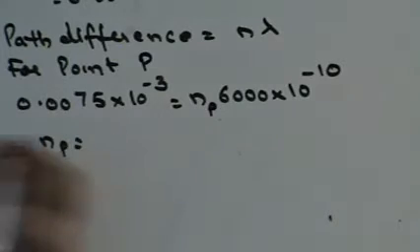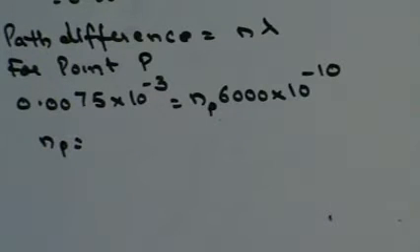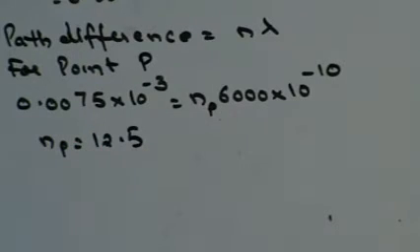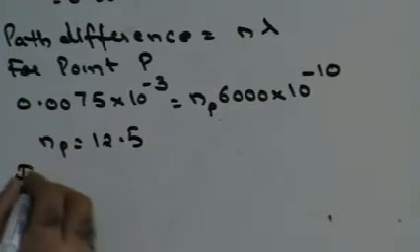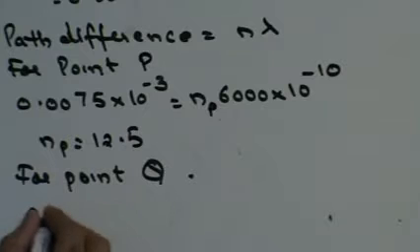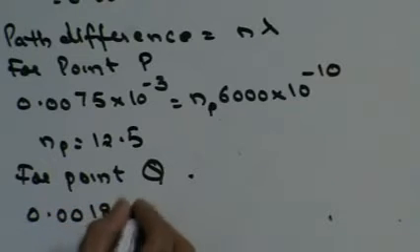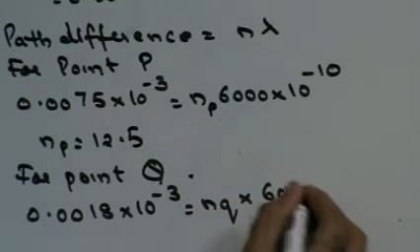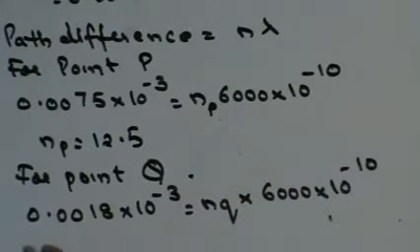When you solve this, you will get the value of n as 12.5. Next, for point Q, path difference 0.0018 into 10 raised to minus 3 is NQ into 6000 into 10 raised to minus 10. When you solve this, you will get the value of NQ to be 3.